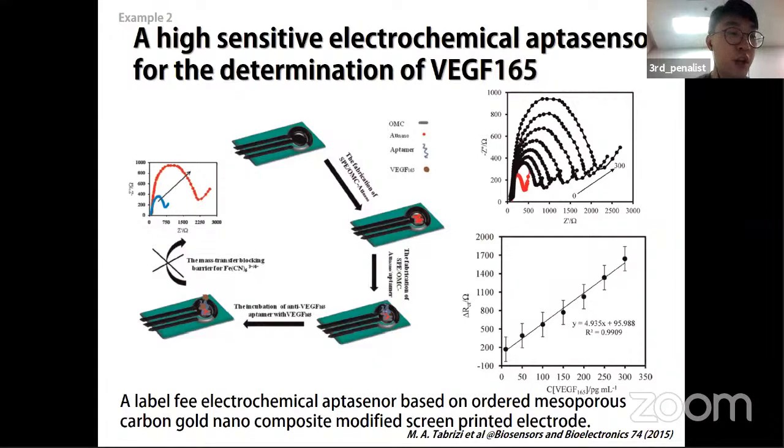The principle of operation of the proposed aptasensor is based on the changes in the interfacial properties of the electrode due to interaction of the immobilized aptamer at the electrode surface with tumor markers in the sample solution, which results in a change in the interfacial charge transfer resistance as detected by electrochemical impedance spectroscopy.